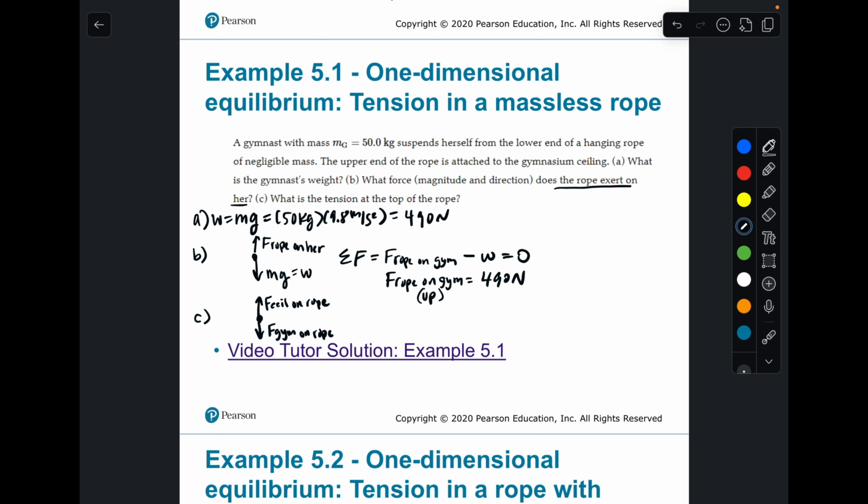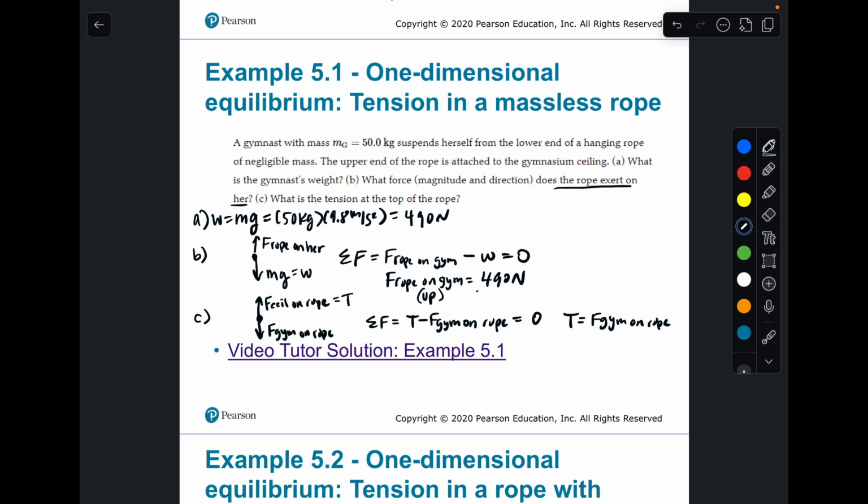And because the rope is massless, we're going to ignore any weight due to the rope. So the question is, what is the tension at the top of the rope? That's going to be equal to the force of the ceiling on the rope. And if we add up the forces and set them equal to 0, we are going to see that T, the tension, equals the force of the gymnast on the rope.